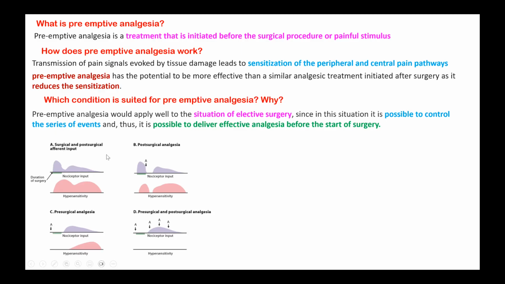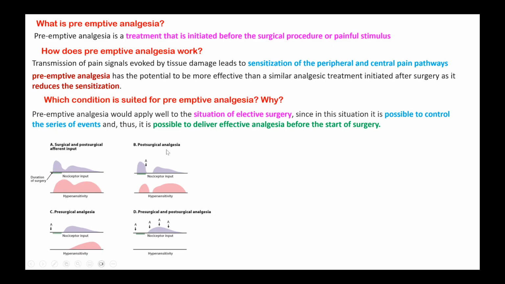So if you see in these pictures, surgical and post-surgical afferent input, that is the duration of surgery, this is the nociceptor input. So there is no preemptive analgesia given here. And the stimulus has been maximum. So you see the hypersensitivity happening in a very, very large way.